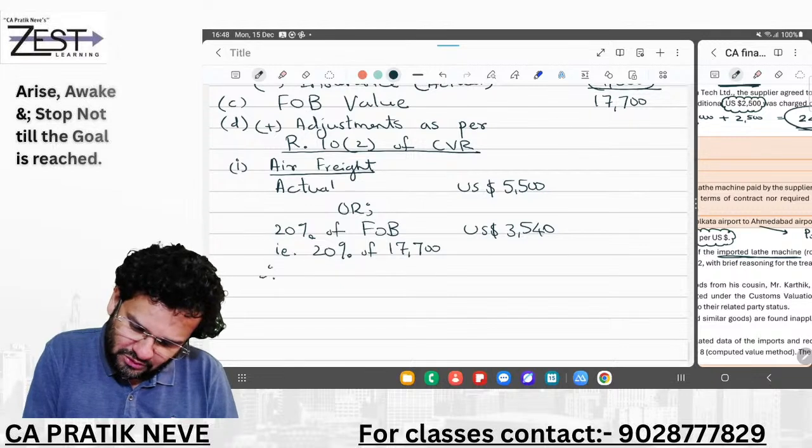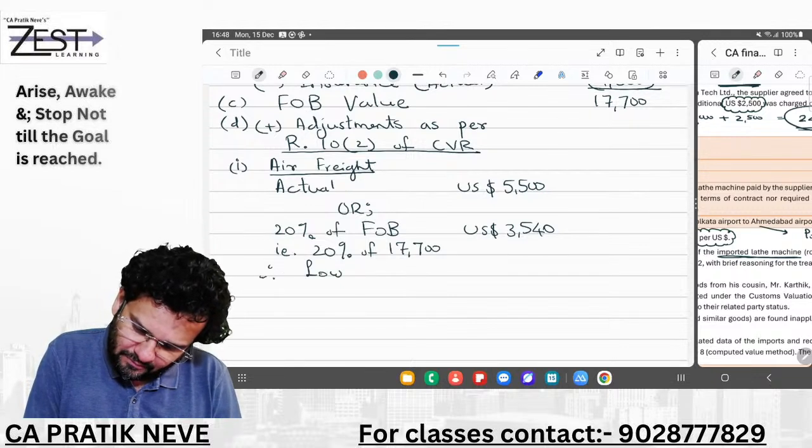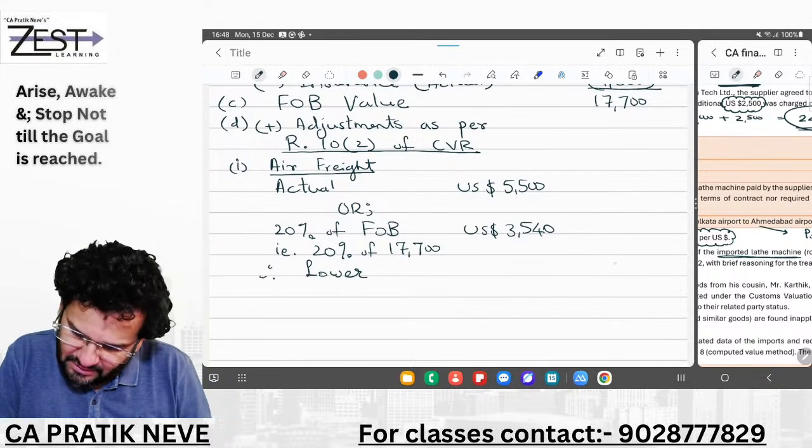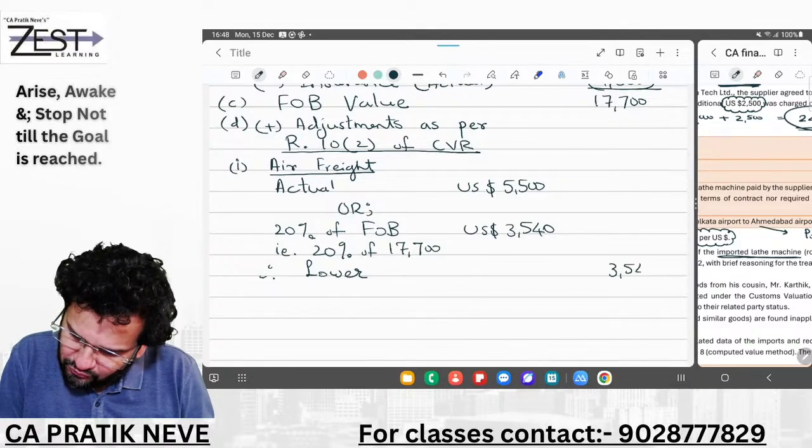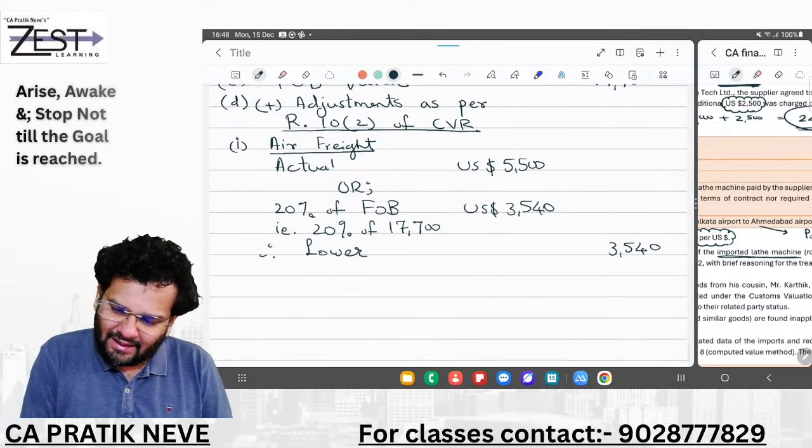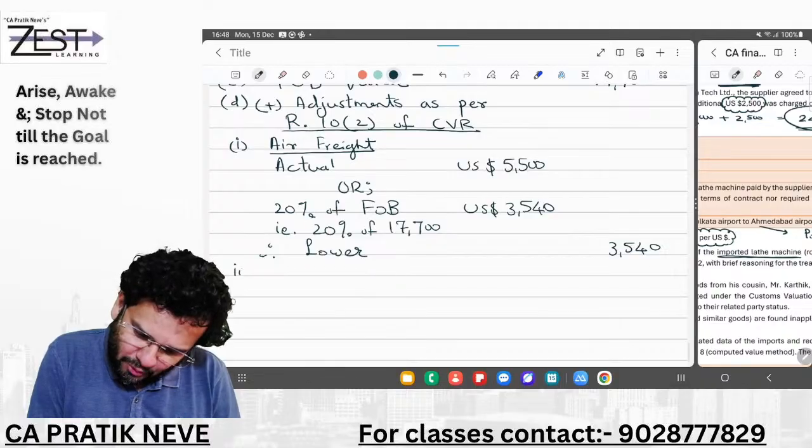So therefore lower, that is 3,540, and then go for the second point.